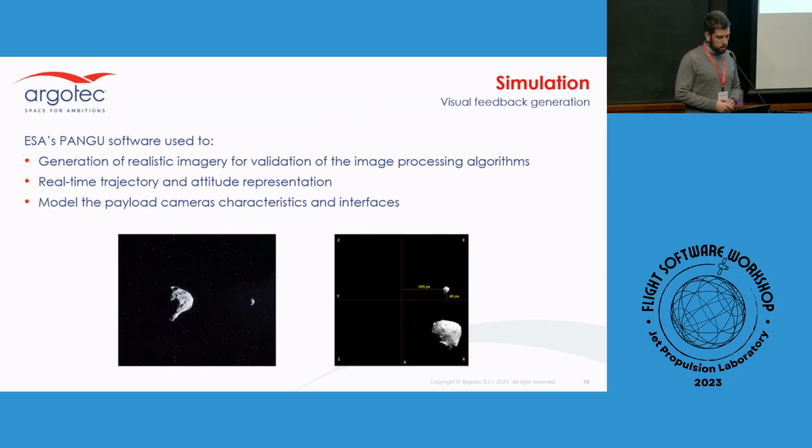The first one is that it allows you to also set trajectories and relative positions between celestial bodies, like for example the two asteroids and the simulated satellite. And the second one is that it allows you to model the parameters of the camera you use to extract the pictures. In this way, we could inject the characteristics of the CMOS sensor of our cameras in order to have images as realistic as possible from the simulator.